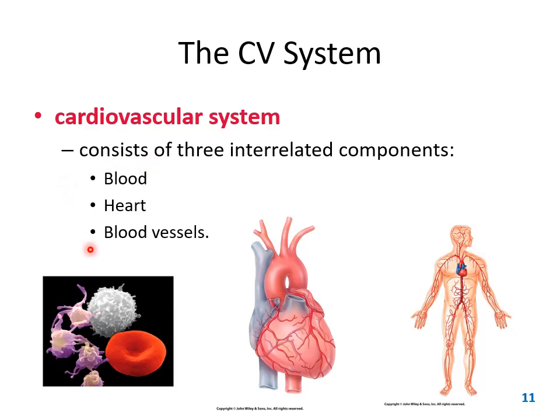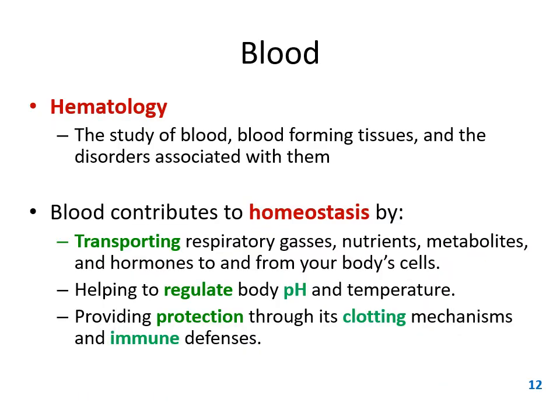So these are the three components of your cardiovascular system: your blood, your heart, and all the blood vessels. Here you have your arteries and your veins.